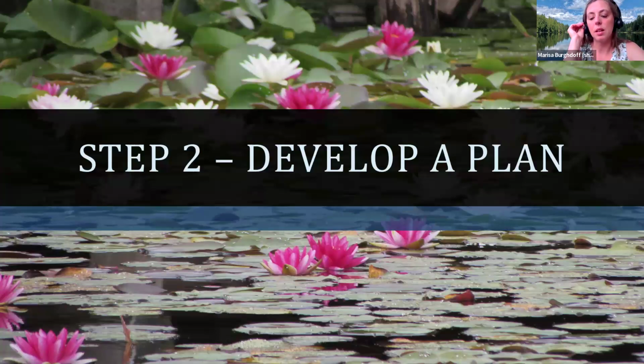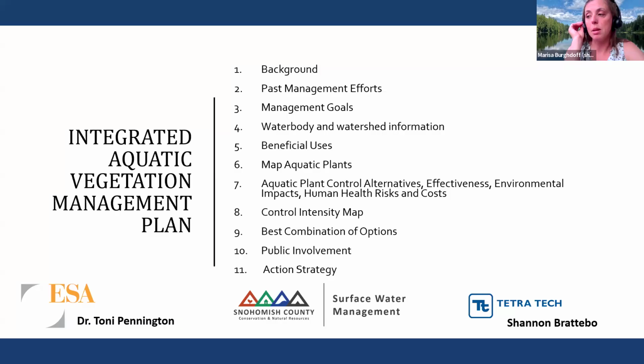The second step was to develop a plan. And so this is where the Lake Serene community really stepped in, and we'll talk a little while about the criteria that your community had to meet to receive this help. But your community met that, and so we were able to develop a plan. And we didn't just make up this plan.